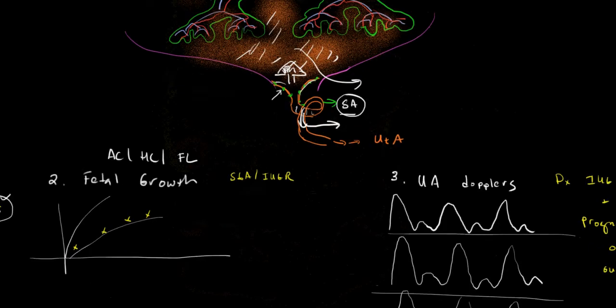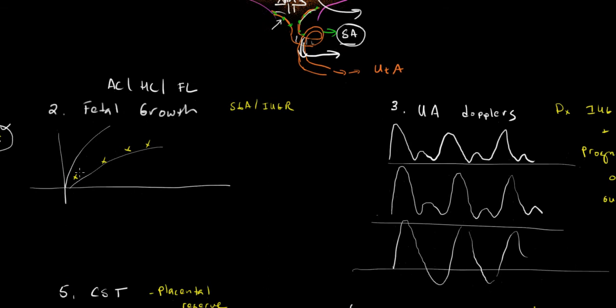And we have normalized charts that show what growth in the 90th percentile would be, and growth in the 10th percentile or 5th percentile, and we define growth below the 10th or 5th percentile as small for gestational age.